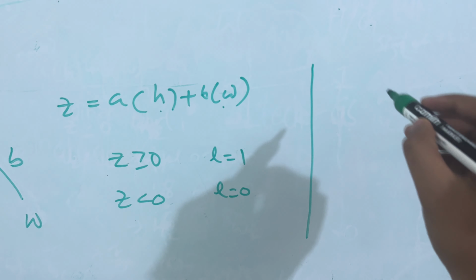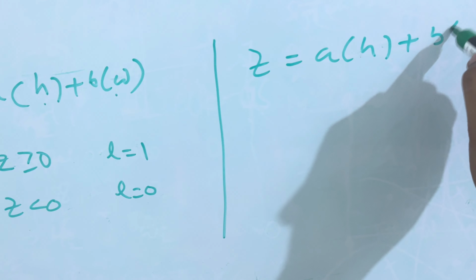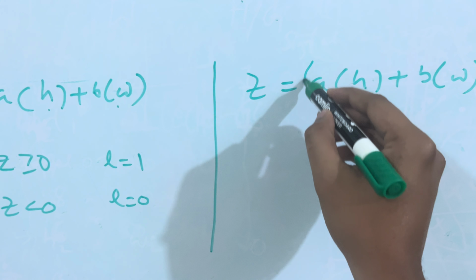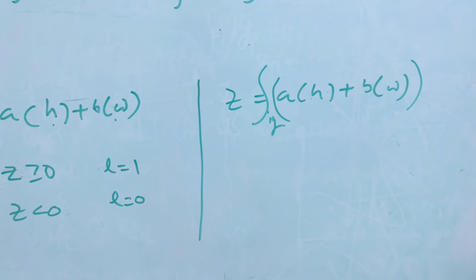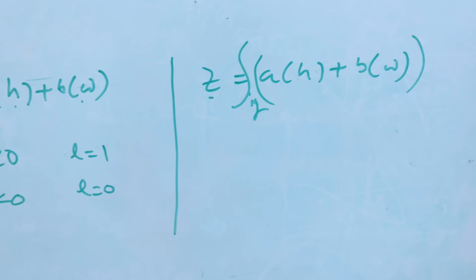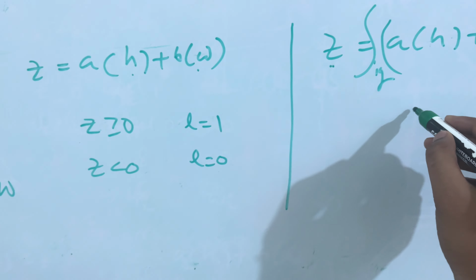sigmoid, where Z equals A into H plus B into W. This is the previous case. For that, they have introduced sigmoid on top of that. Now they have changed the condition also.